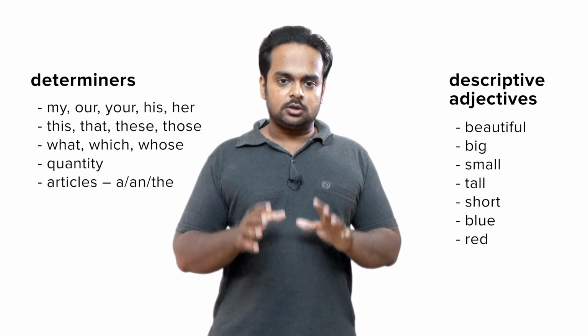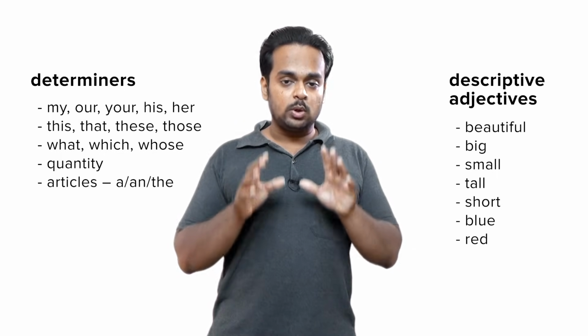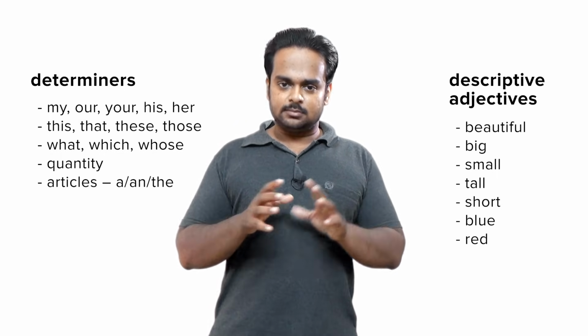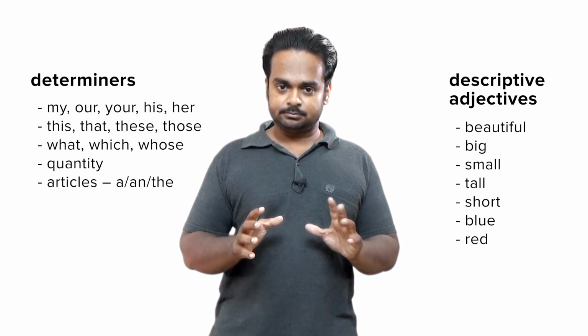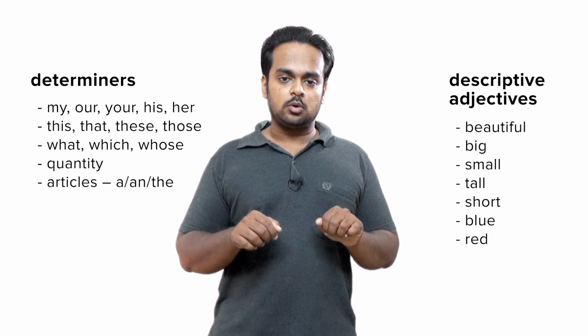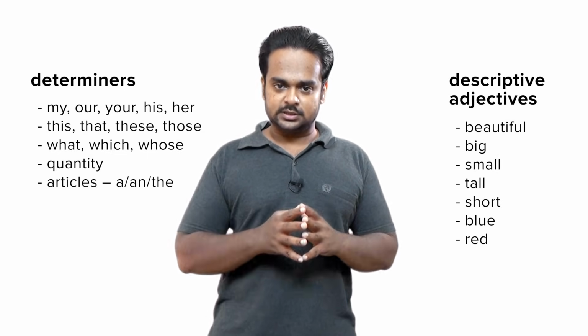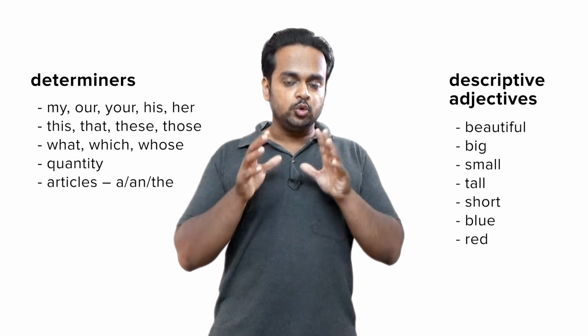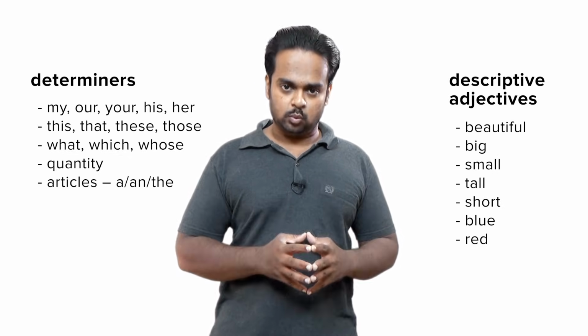Now, all determiners are adjectives, but we will discuss these in other lessons because each one of them is a big topic. In this lesson, we're going to focus on the really interesting adjectives, that is, descriptive adjectives, and we will look at how to avoid common errors with them.